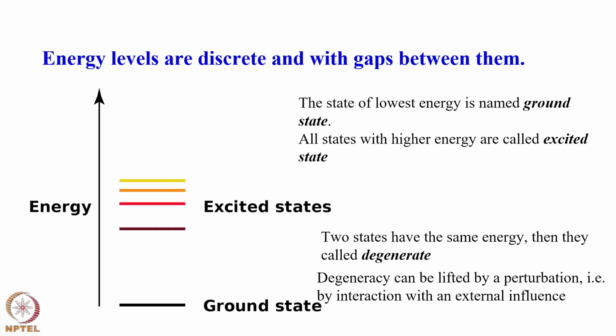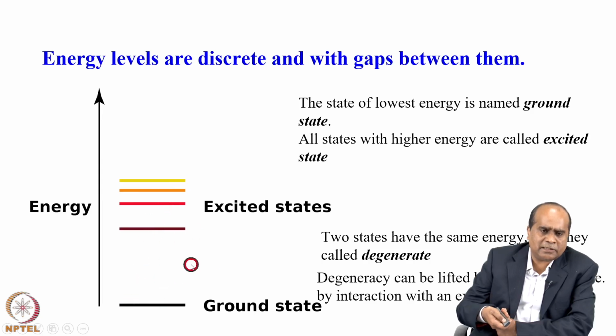We were discussing that in any molecule there are energy levels, and those energy levels are quantized, which comes from physics concepts. There is a ground state where most of the particles exist, and then there are several excited states, and these energy levels are excited when we do any spectroscopy, right.